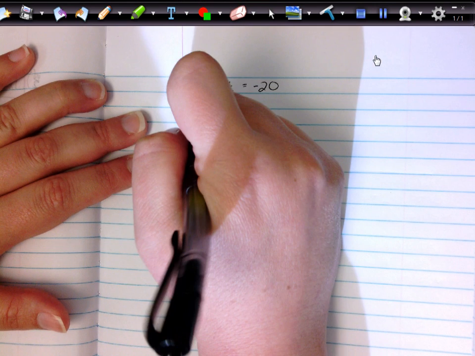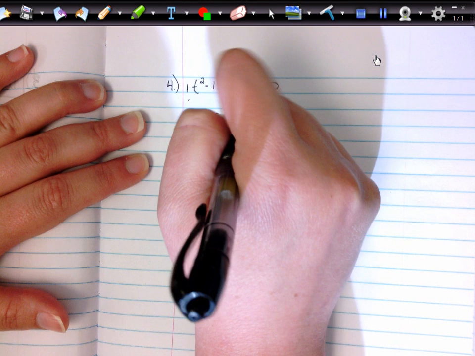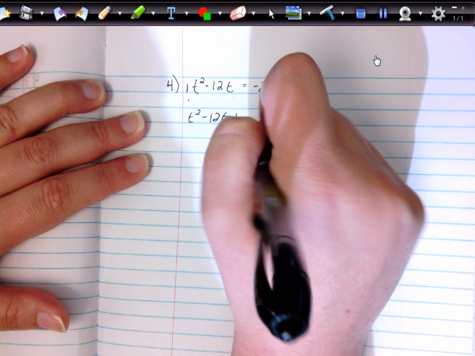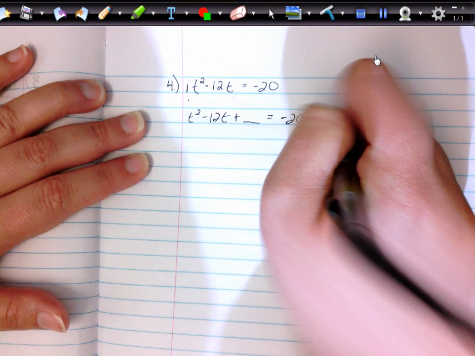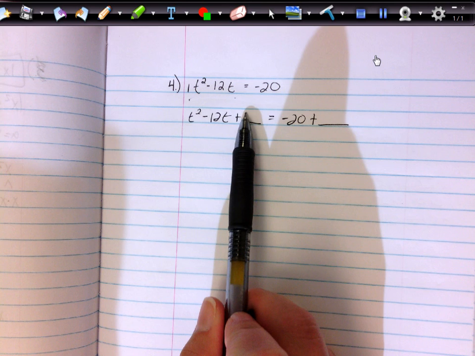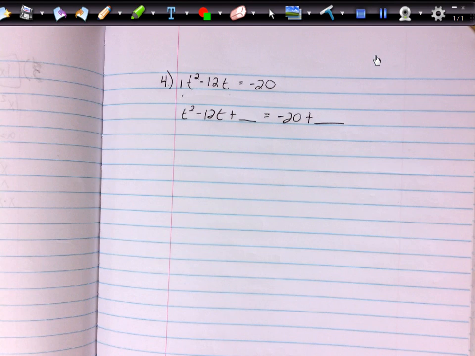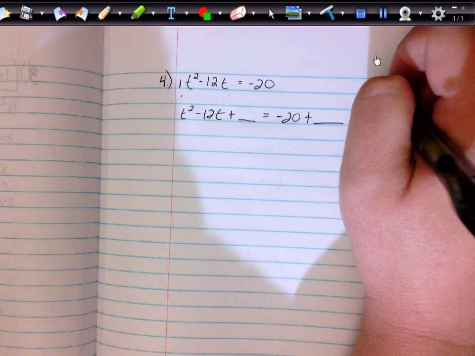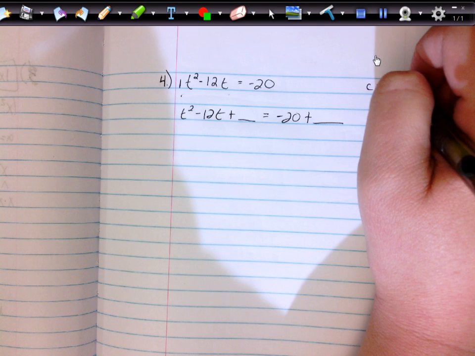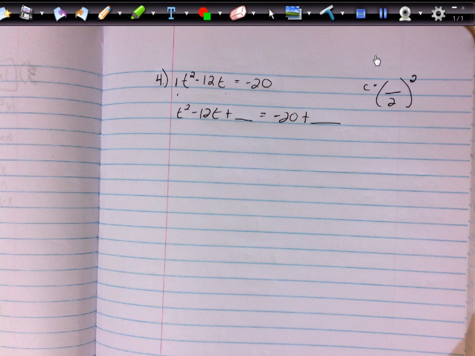So I'm going to say t squared minus 12t plus blank equals negative 20 plus blank. Because again, if I add a c to the left-hand side, I can do that, but I have to also add it to the right-hand side. So here, to find my c, I'm going to take my b and divide by 2 and square it, because that's my formula for finding my perfect square for c.